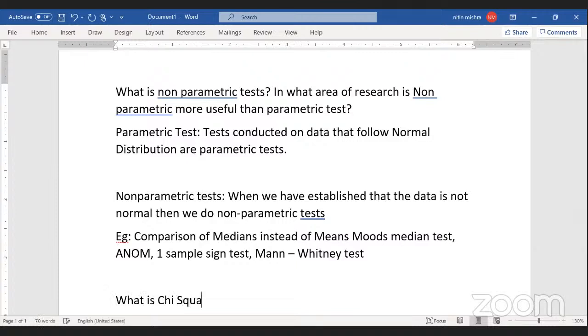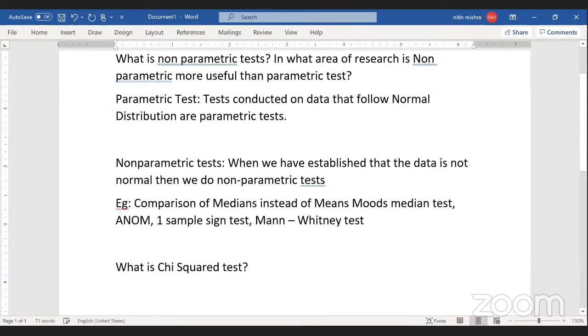What is a chi-squared test? All right. What is a chi-squared test? It is a non-parametric test.